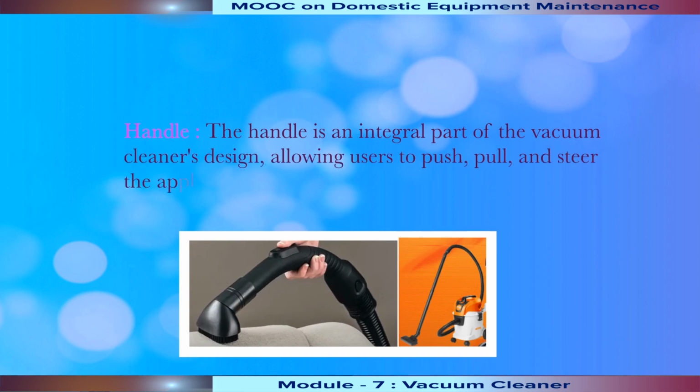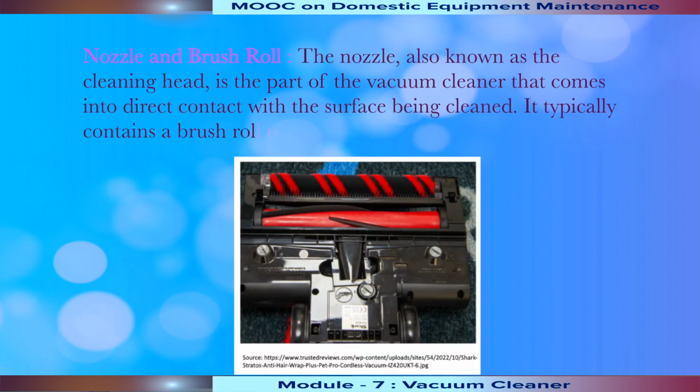The next component is the handle. The handle is an integral part of the vacuum cleaner's design, allowing users to push, pull, and steer the appliance comfortably during cleaning. Nozzle and brush roll. The nozzle, also known as the cleaning head, is the part of the vacuum cleaner that comes into direct contact with the surface being cleaned.